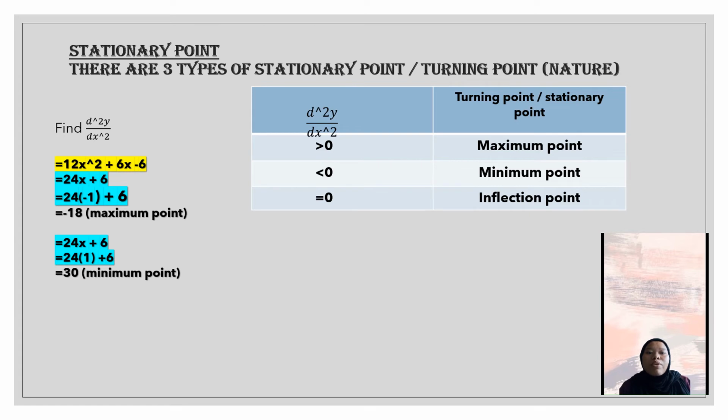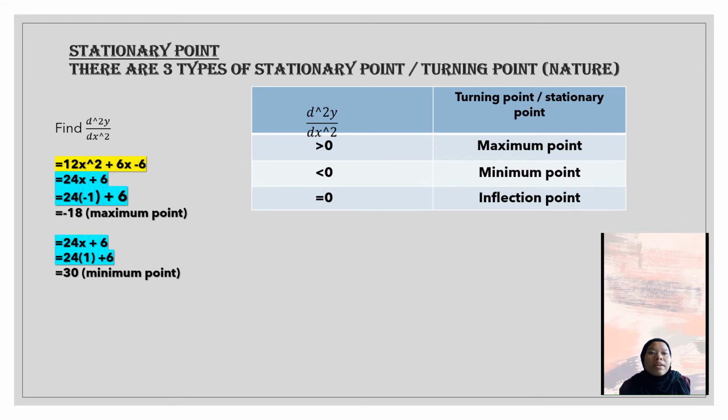Then put negative 1 into the bracket, and you will get negative 18. After that, put 0.5 into 24x plus 6, and you will get 18.